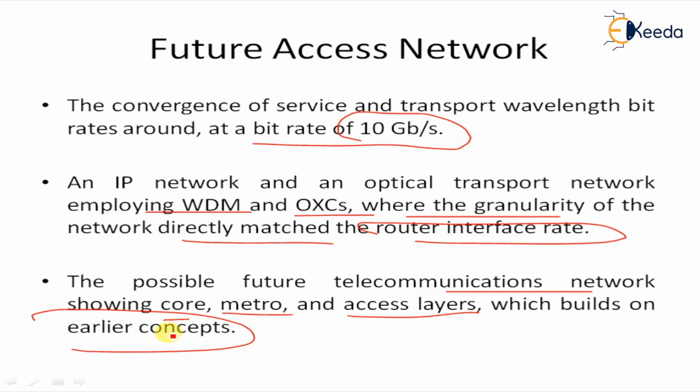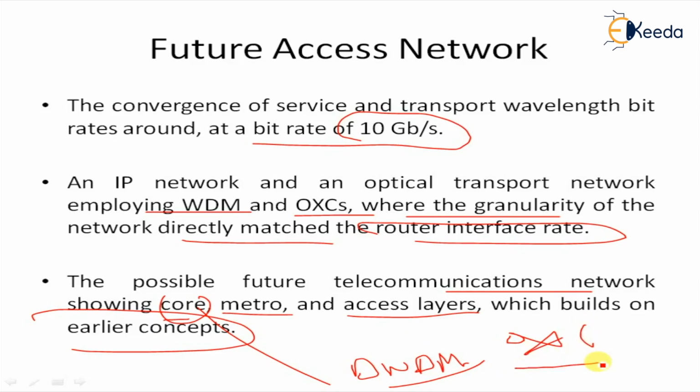And the core cloud represents the optical network comprising a number of nodes interconnected by amplified fiber links employing DWDM, dense wavelength division multiplexing. And the particular node comprises an OXC, optical cross connect, in conjunction with the network service element.